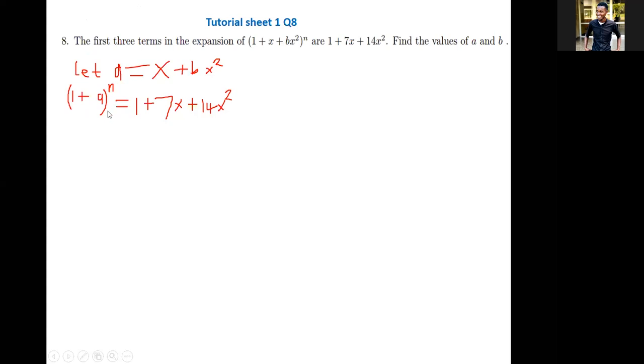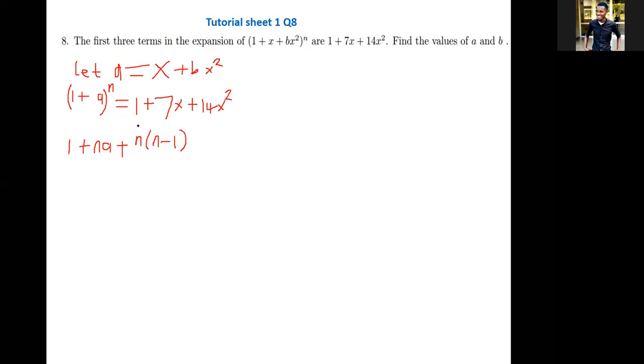So we proceed. Let us try to expand this using the extension. By using the extension, our first term is always 1, and then plus nx. My x in this form is a. So I'm going to say n a, and then plus n, open brackets, n minus 1, close brackets.